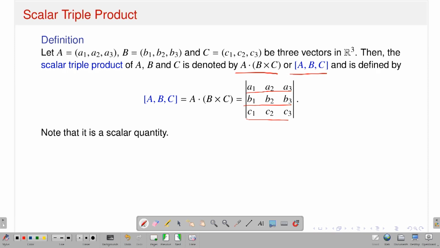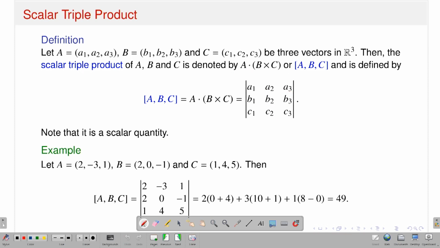So this scalar triple product is a scalar quantity, and we can see this example. I take the vector capital A as 2, minus 3, 1. The vector B is 2, 0, minus 1. The vector C is 1, 4, 5.